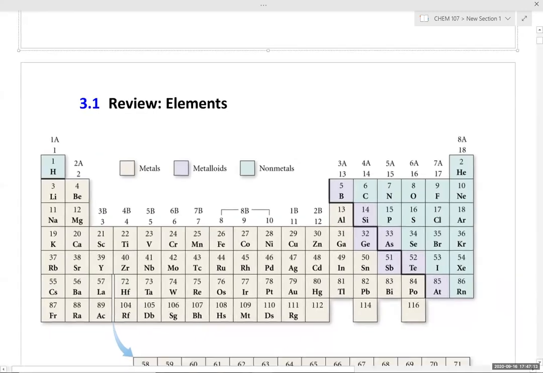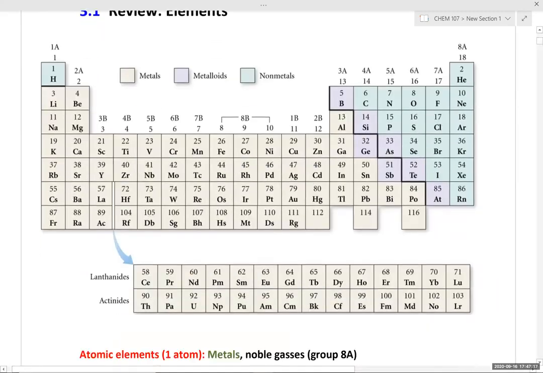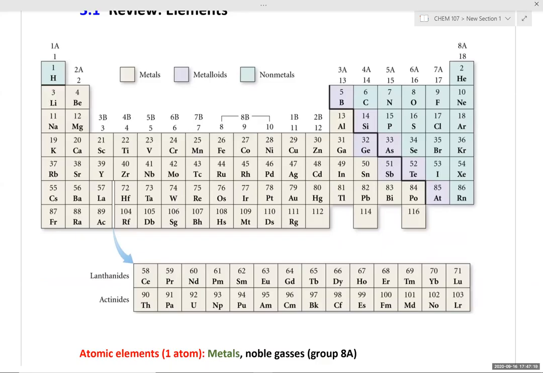Let's talk through chapter 3. So let's have a little bit of review first, and let's talk about elements. So here's the periodic table. There are our metals, which are in the majority of the periodic table, but primarily occupy the bottom left-hand side.